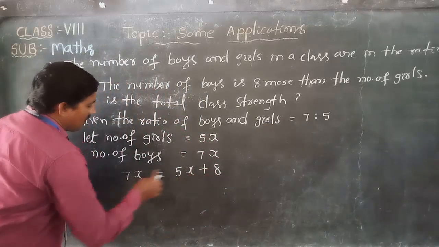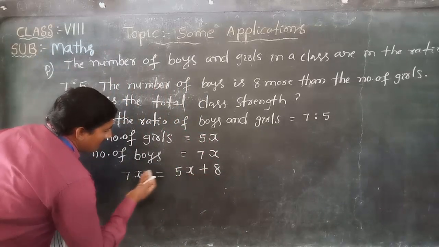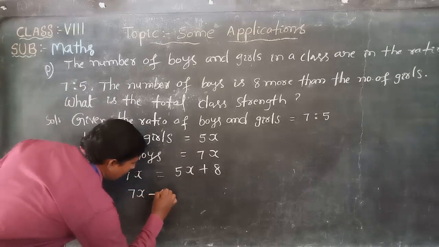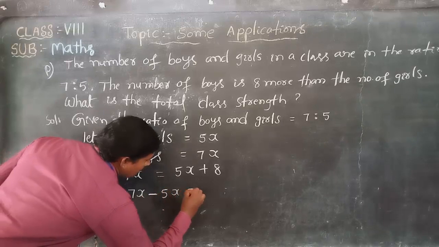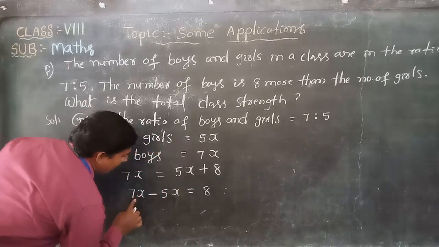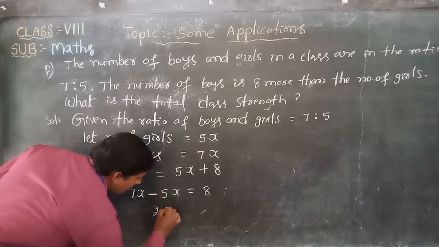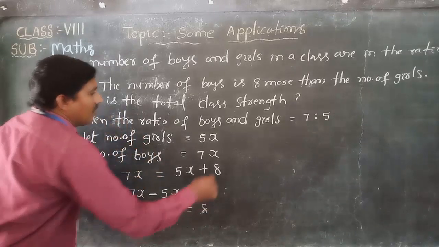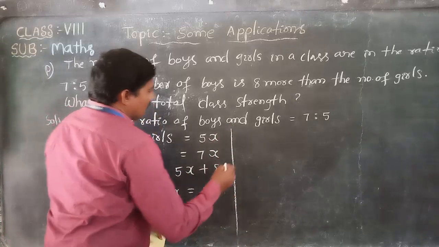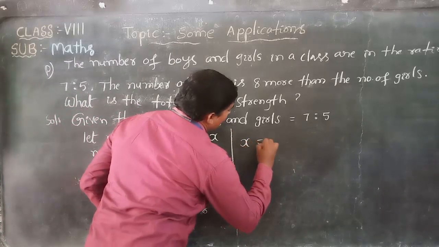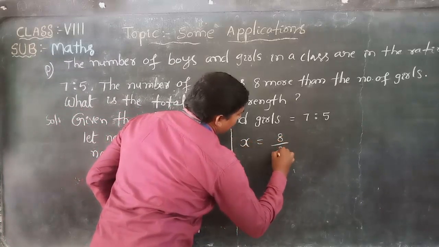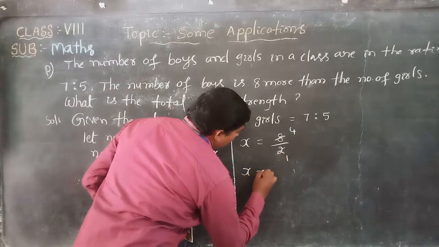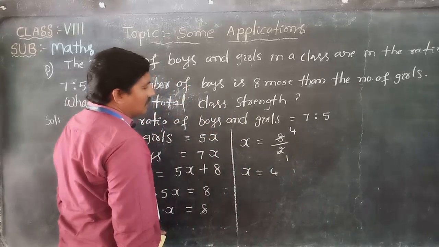So here we added 8. Then equality will be. 5x here coming means minus 5x. 7x minus 5x is equal to 8. 7x minus 5x, 2x. 2x is equal to 8. Here multiplication is going means by. x is equal to 8 by 2. 2 1 ja, 2 4 jar. x is equal to 4.